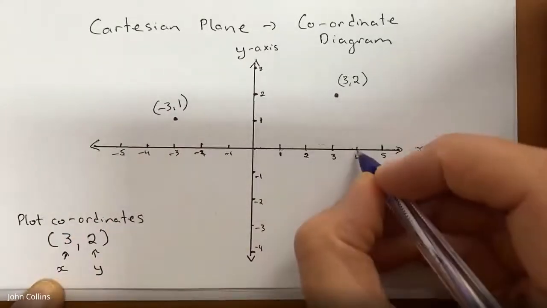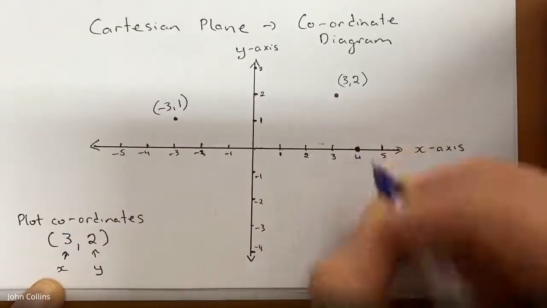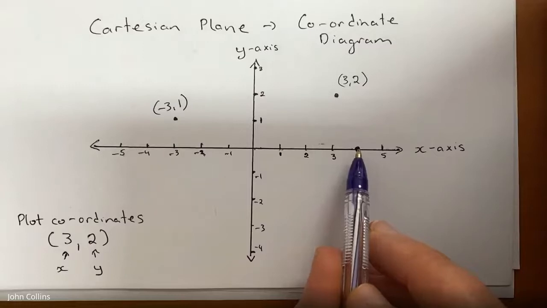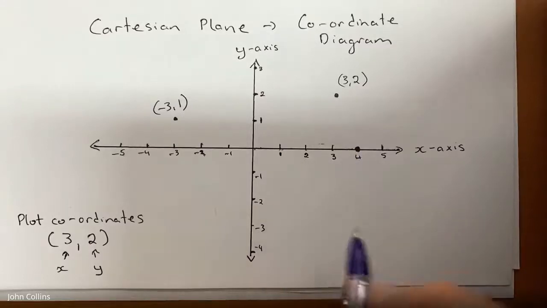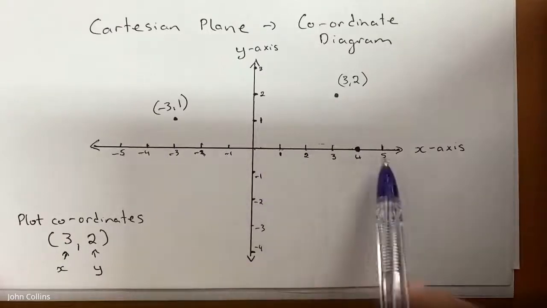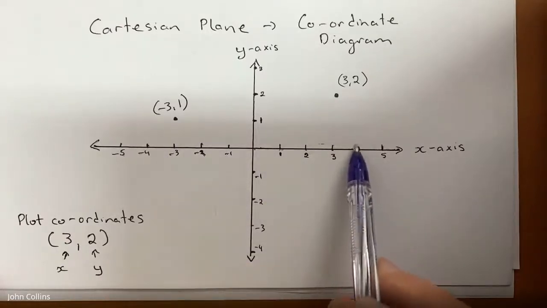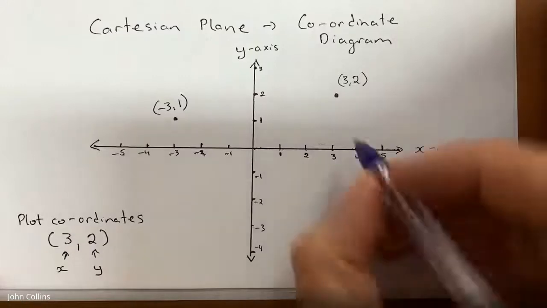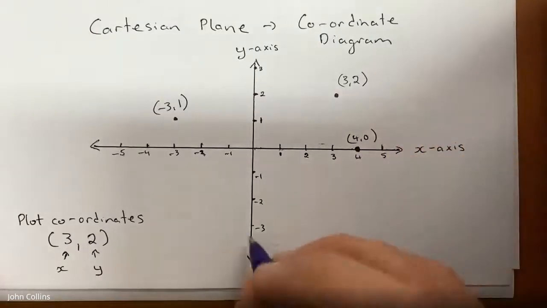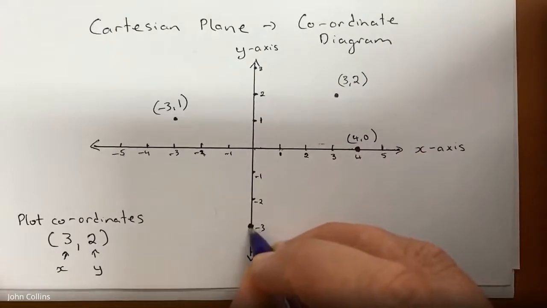What about if it's perfectly on the axis here? It's on the x-axis. Yeah, you're getting this. It's 4 on the x-axis, and it hasn't gone up or down, so it's 0 on the y-axis. So it's (4, 0). And the point down here, maybe that's the last one we'll do.